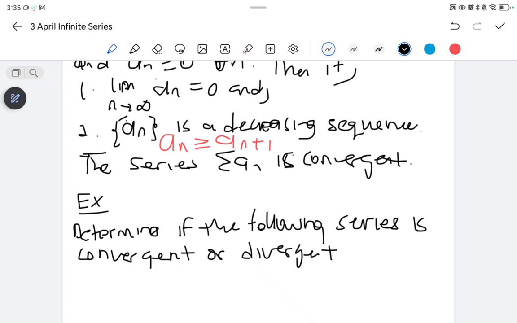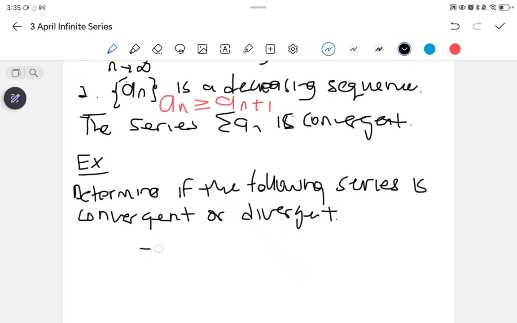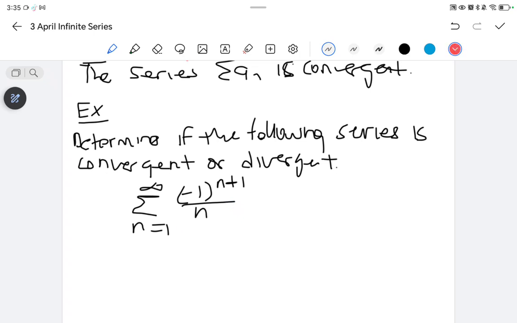Now, we have the summation from n equals 1 to infinity of (-1)^(n+1) over n. So, when we're given this question, first, we let a_n be equal to (-1)^(n+1) over n. You see, right? That's the first thing we do. We let that be the case.